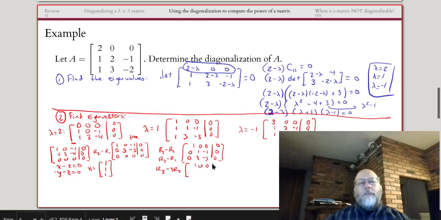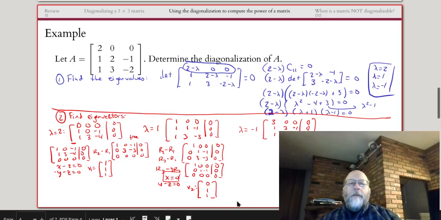And that gives me 1, 0, 0, 0, 0, 1, negative 1, 0, 0, 0, 0, 0. And so x is 0 and y minus z is 0. So z can't be 0, but y and z are the same. And so our second eigenvector is 0, 1, 1. X has to be 0, though. All right, let's look at our last one.